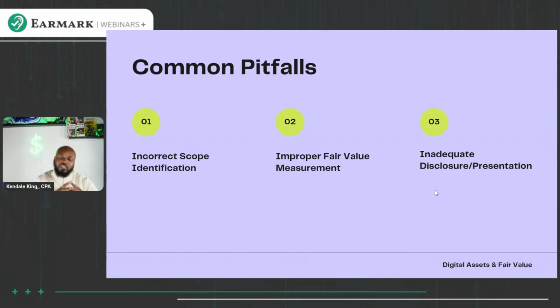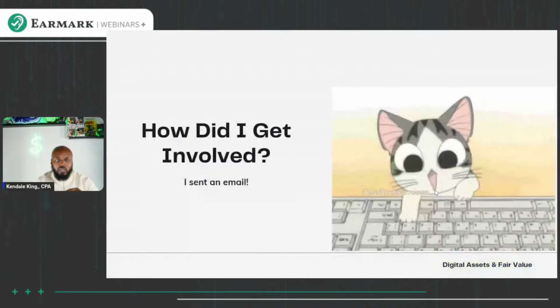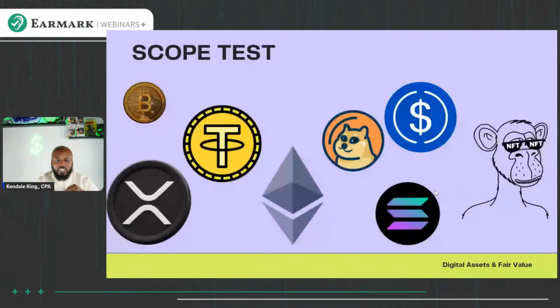And so again, sorry, I'm going to take you all the way back to the page about my little kitty cat. This page here. So when you look at this page, you would think all these are crypto. All these things should be measured at fair value, but it's not that simple.